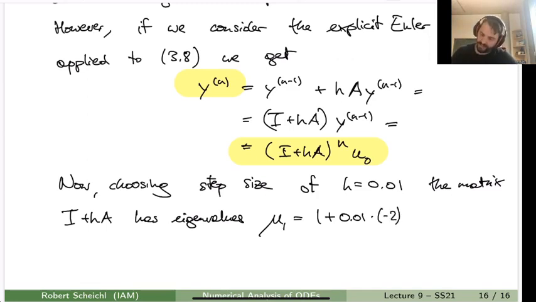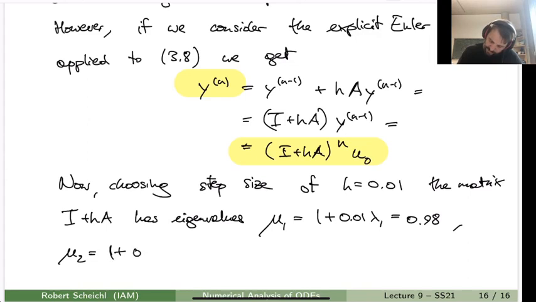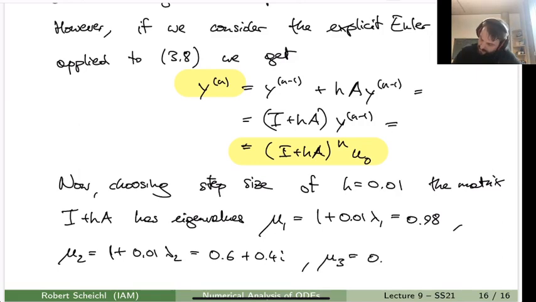That's the first eigenvalue, or lambda 1, which is 0.98. And mu2 would be 1 plus 0.01 lambda 2, which is 0.6 plus 0.4i, and then mu3 is simply 0.6 minus 0.4i.